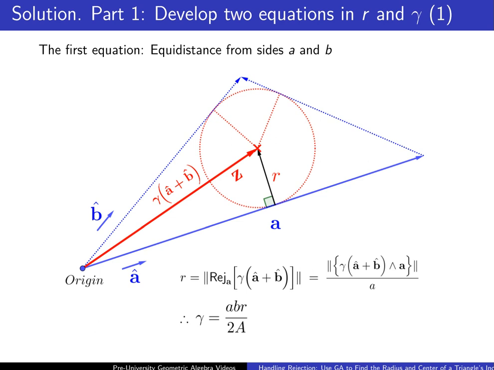So let's get on with the solution. We have two unknowns, r and gamma, so we're going to develop two equations.